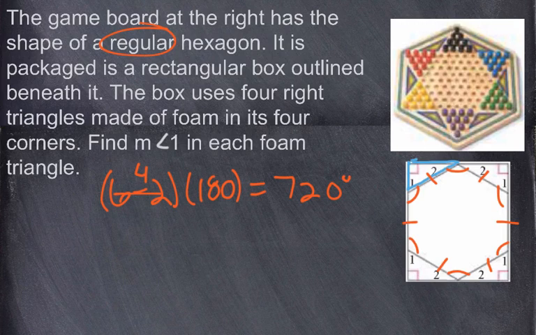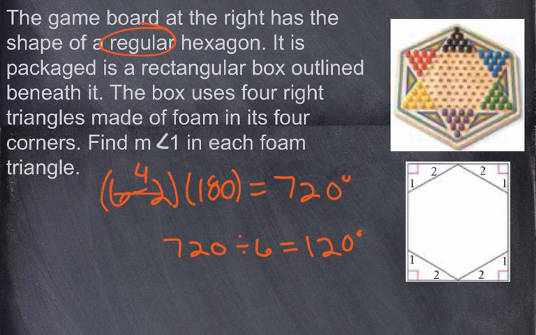Now if they're all the same, if it's regular, we can actually divide by 6 to come up with one angle. So with one interior angle, to be more specific. So when you divide that by 6, you get 120 degrees. So again, what does that 120 degrees represent? Well, that 120 is this degree measure right here.